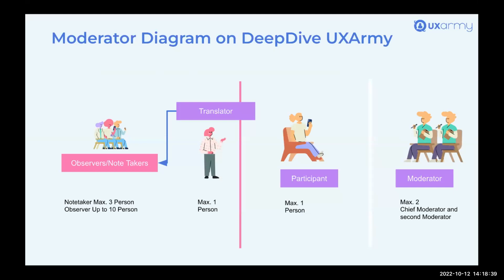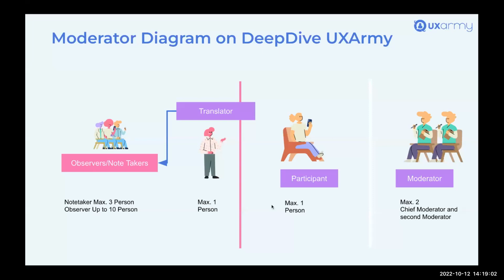So for the illustration, like how it looks like, participant will be facing maximum 2 moderators. There is chief moderator and second moderator. Chief moderator is the one who starts the session through the DeepDive, and then the second moderator is the one who joined the session using moderator link.